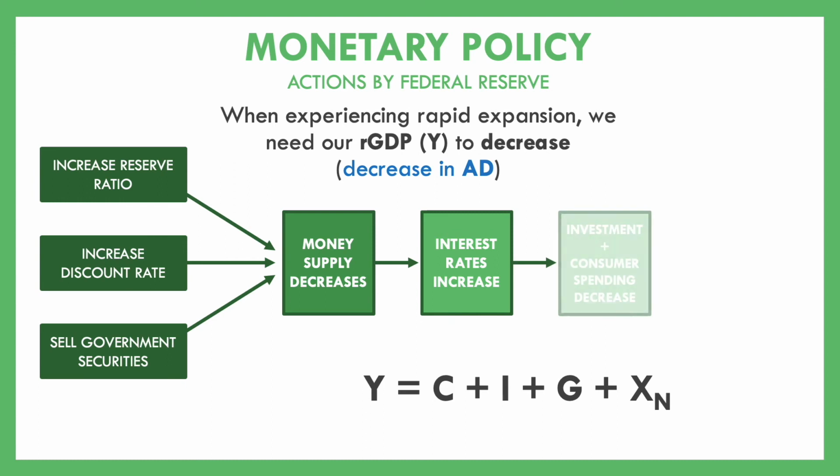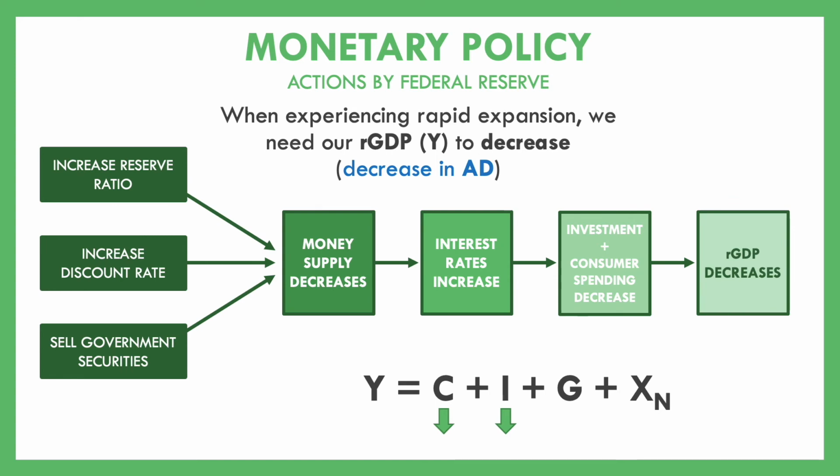And that means investment and consumer spending are both going to decrease. We see a decrease in that C and a decrease in the I. And again, since we see decreases happening to the right-hand side of our equation, we're going to see the same thing happen to our left side of the equation, because our real GDP is going to decrease.